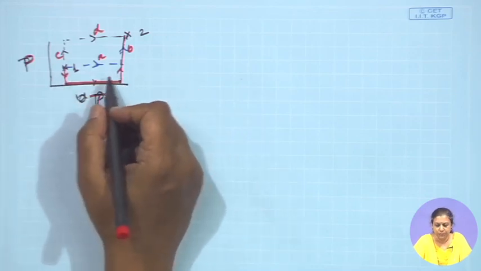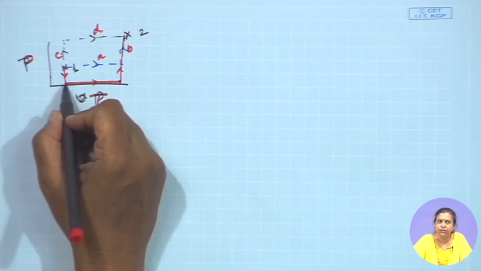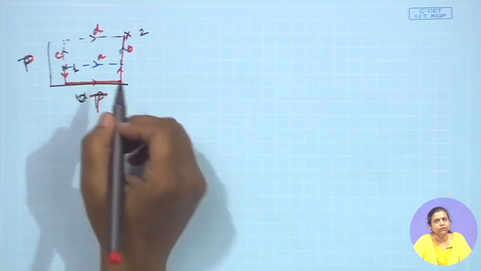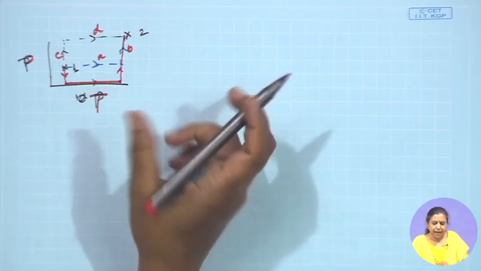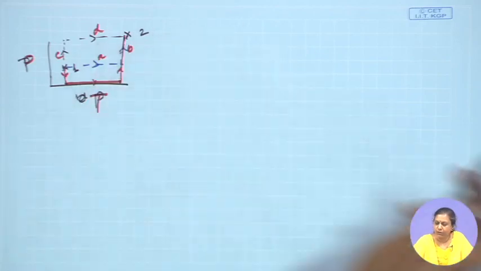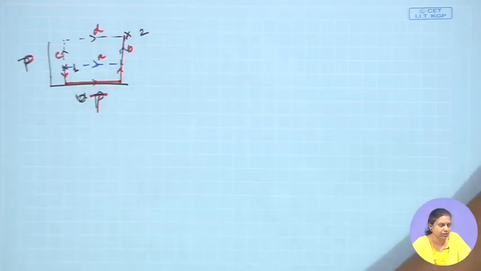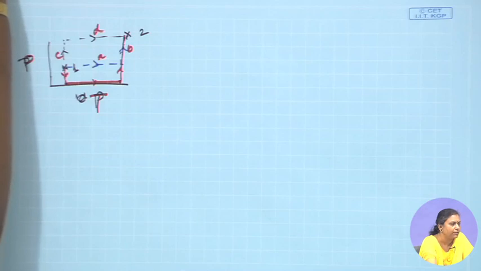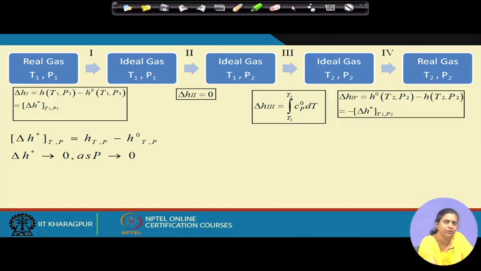The only reason being that the Cp values are available at low pressure when the gas behaves ideally. And then I had also proposed another path for performing this particular computation, and this path is already provided here. In this path, most of the intermediate states, except the first and the last state, are fictitious ones.